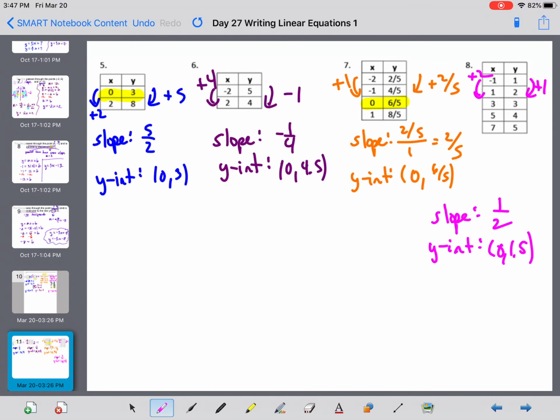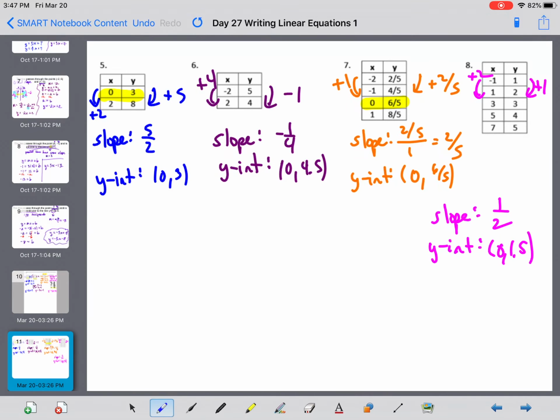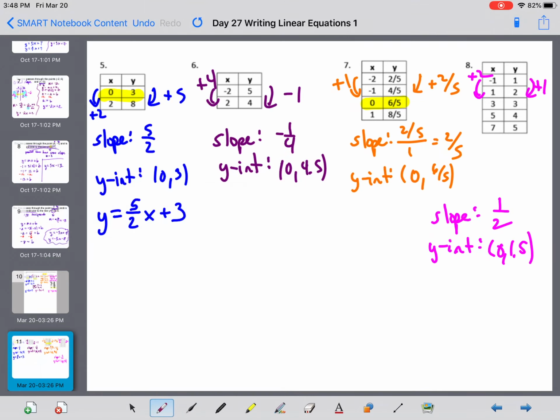All right, let's take a look at the last 4 here. So for number 5, the slope here is 5/2. So this is the first time we kind of have a funky fractional slope, but that's just fine. It did give me the y-intercept in there, so I'm going to go ahead and plug it into the equation. So y equals 5/2 x plus 3. And then for the purple one, we found our slope is -1/4.